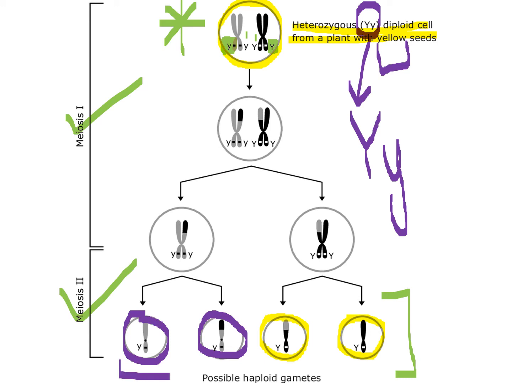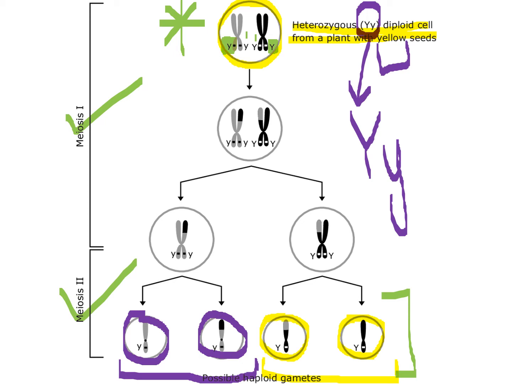So your two purple gametes have the allele for recessiveness, and your two yellow gametes have the allele for dominance. And in this instance, the trait we're talking about is seed color. So your purple gametes will have the recessive allele for seed color, and your yellow gametes will have the dominant allele for seed color.